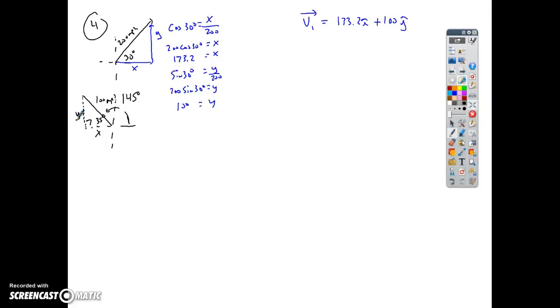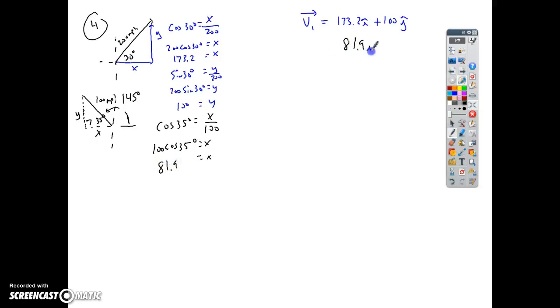Feeling good again. So I go cosine of 35 degrees equals x over 100. 100 cosine of 35 degrees is equal to x, and I get 81.9. I'm going to go ahead and put this here.